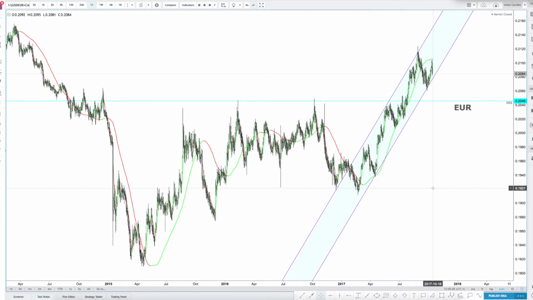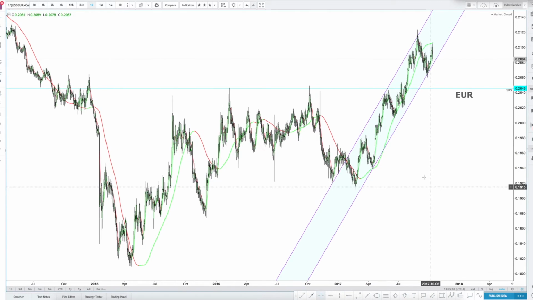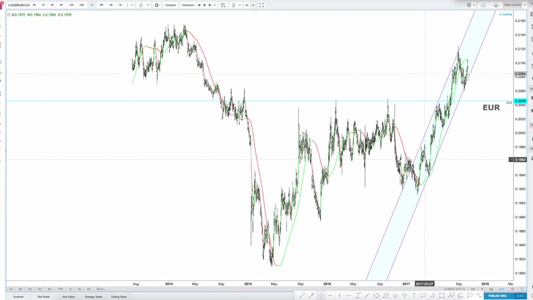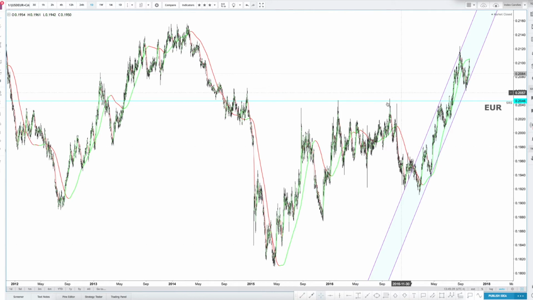So we're in this channel right now, and we have this SRS zone right here. We went up, pulled down, went up again.